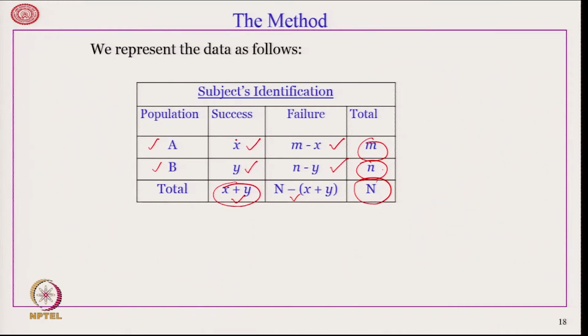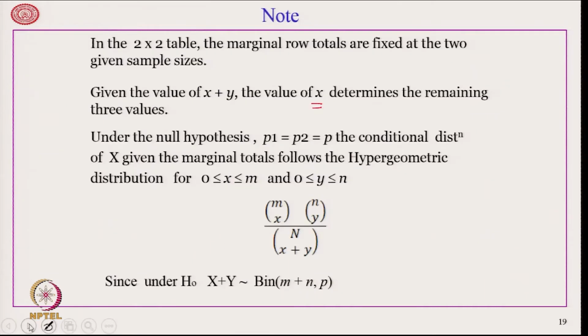Therefore, there is only one independent value, let us call it x, because the moment we know x, we know m minus x, we know y, and of course, therefore, we know n minus y. That is what we are saying, that given the value of x, it determines the remaining 3 values once x plus y is fixed.